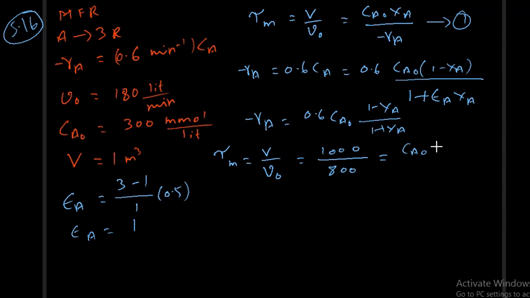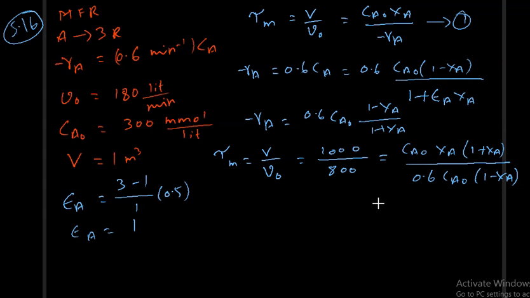Substitute this minus RA in equation number 1, so we will be getting (1 plus XA) divided by 0.6 CA naught into (1 minus XA).